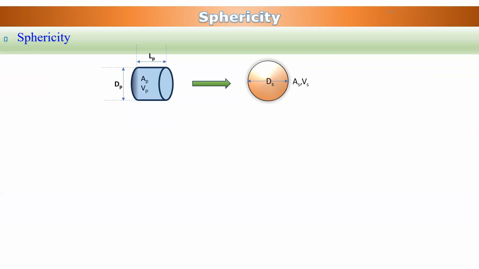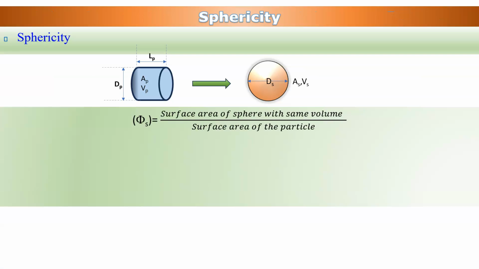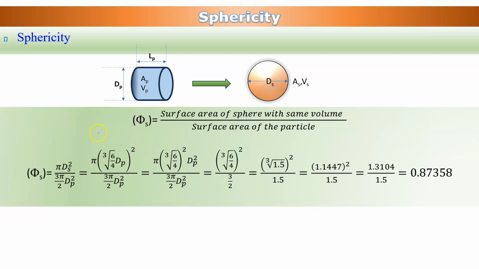After getting that, we know that sphericity is nothing but the surface area of the sphere with the same volume divided by the surface area of the particle. Here we know the surface area of the sphere is pi ds square, and the surface area of the particle is 3 pi by 2 dp square. We already know ds is the cube root of 6 by 4 times dp.